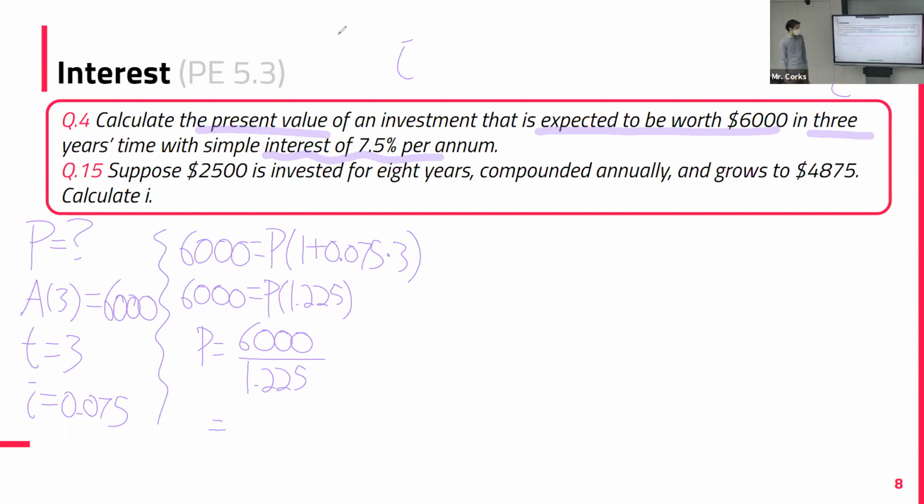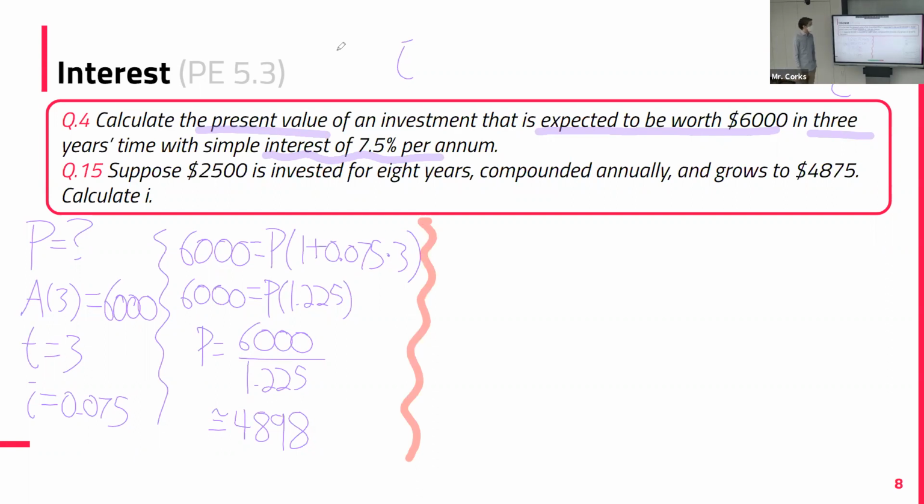And as I mentioned before, probably gonna need a calculator to do the last step there. People were telling me in the chat, approximately $4,898. So there's some decimals that we're leaving off. We'll just write it as an estimation for now, or rough number. Okay, that's the first one.